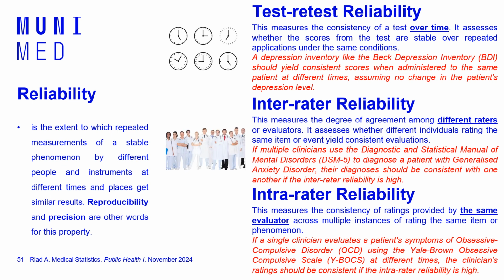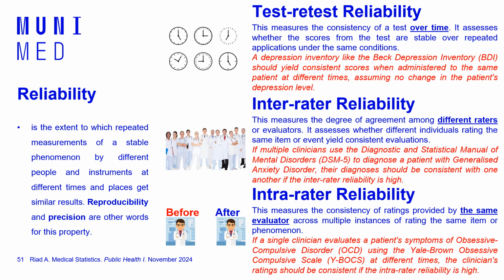Inter-rater reliability focuses on the similarity between different doctors. However, intra-rater reliability, which is a little bit similar to test-retest, focuses on the similarity between the results of the same doctor. So if the doctor did the examination twice during the day, in the morning and in the afternoon, on the same group of patients, they should have the same results in the morning and the afternoon, because there shouldn't be any difference that happened.